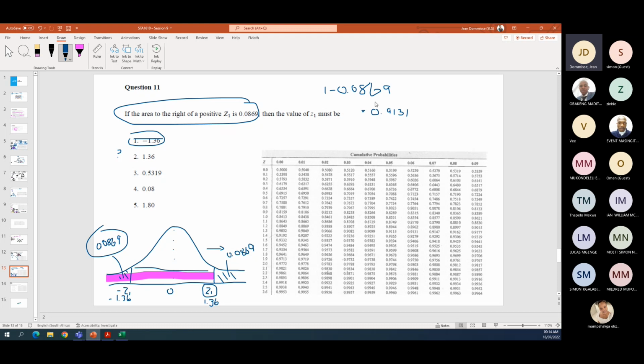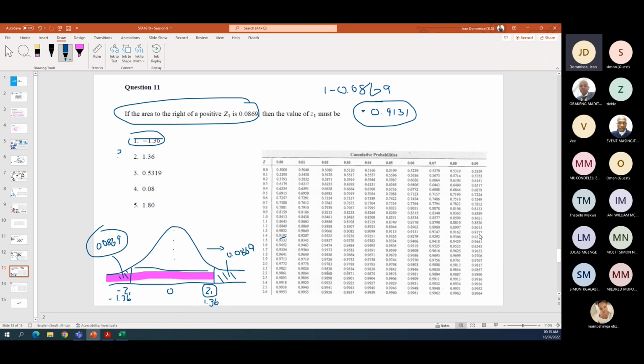Okay, so now we have this probability. Now I need to go and look for the Z value that matches this probability. So I now need to find 0.9131. So 91 is there. Then it becomes 92.